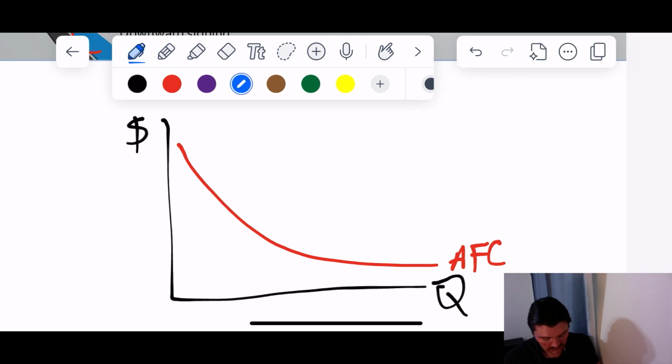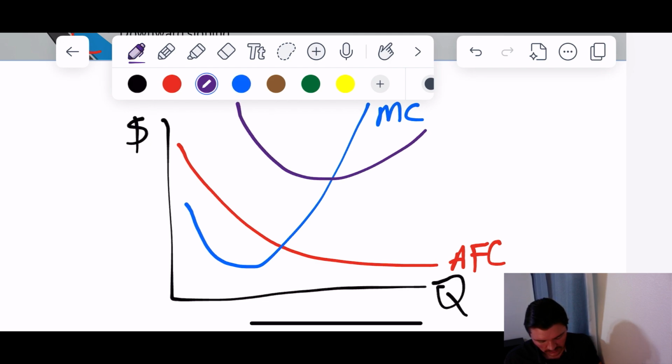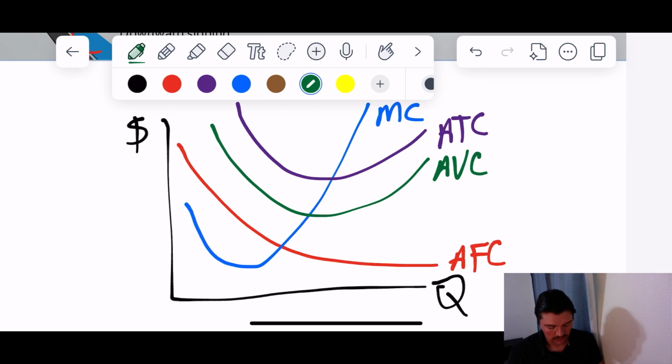The marginal cost is decreasing and then increasing. The average total would be right here, and the average variable will be right here. Now I'm drawing the marginal cost going through the bottom right here of the average variable and the average total.